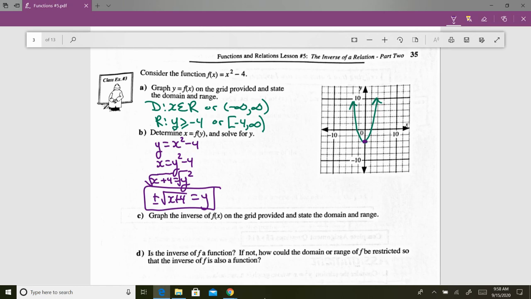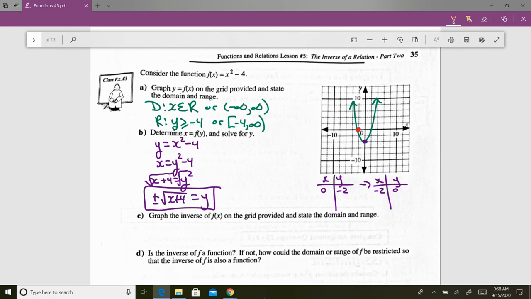Here, I'll just write it out. 0, -2 will go to -2, 0. So it's going to go to there. I should do it in a different color.